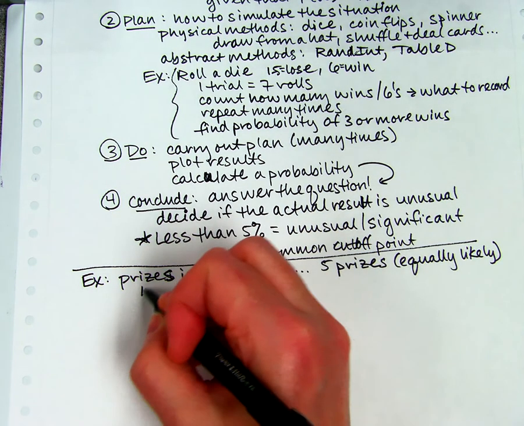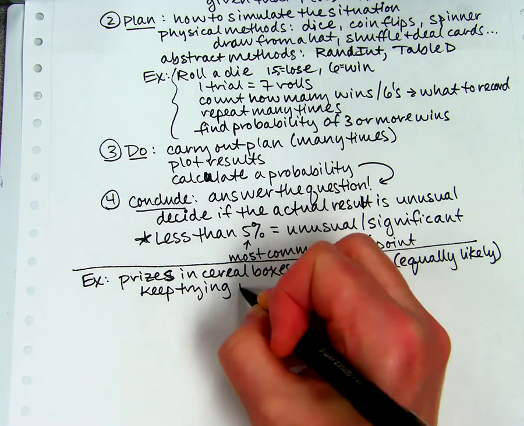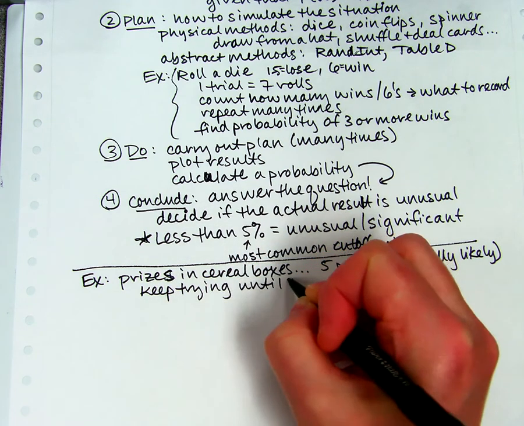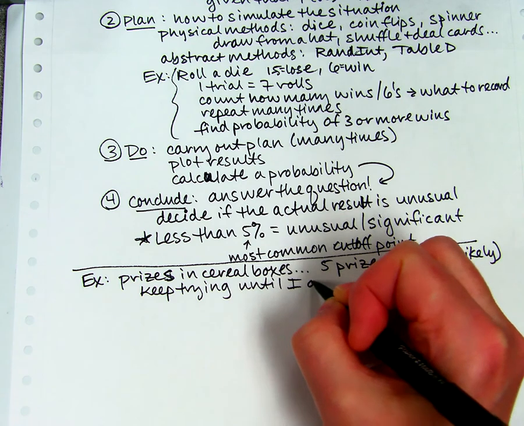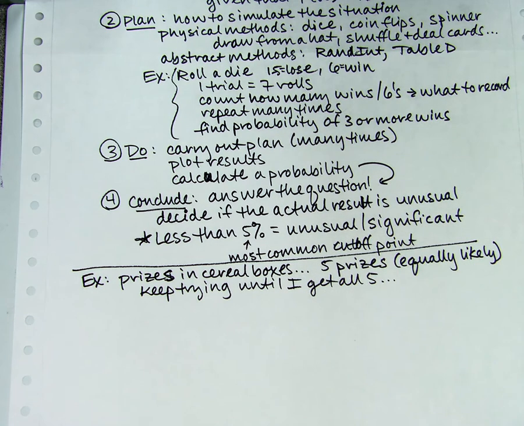So my goal is to keep trying until I have all 5 prizes. That's the real life situation. And I'm asking myself, how many times am I going to have to keep trying?